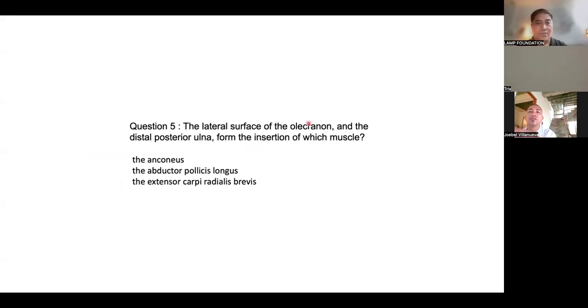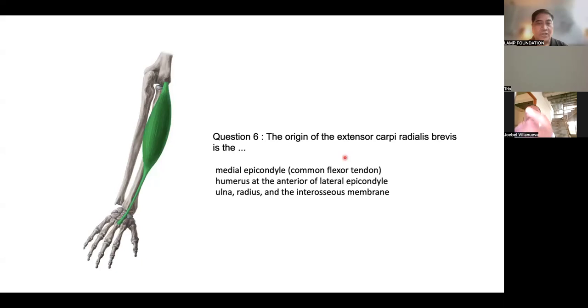The lateral surface of the olecranon and the distal posterior ulna form the insertion of which muscle? The anconeus. The origin of the extensor carpi radialis brevis is the humerus at the anterior of the lateral epicondyle.